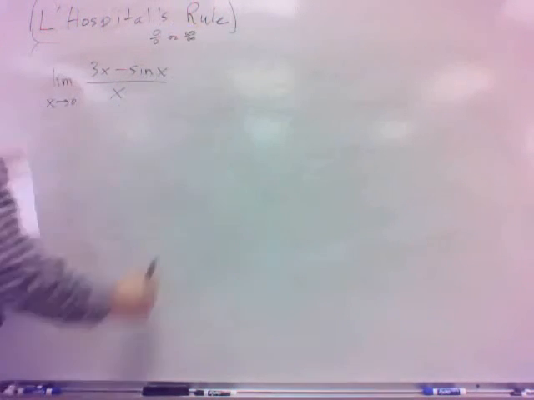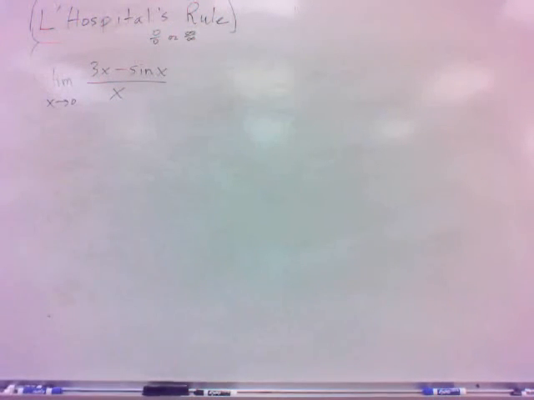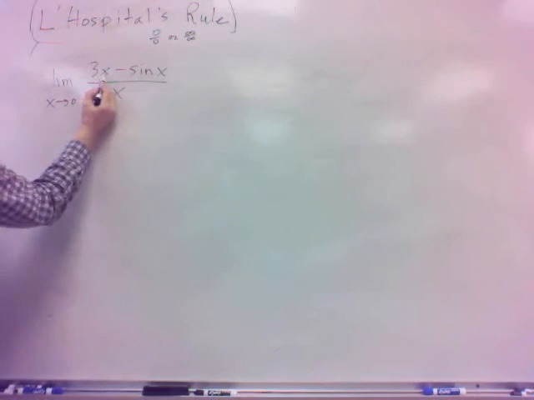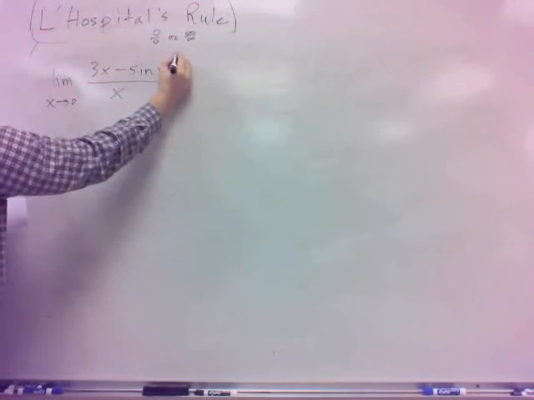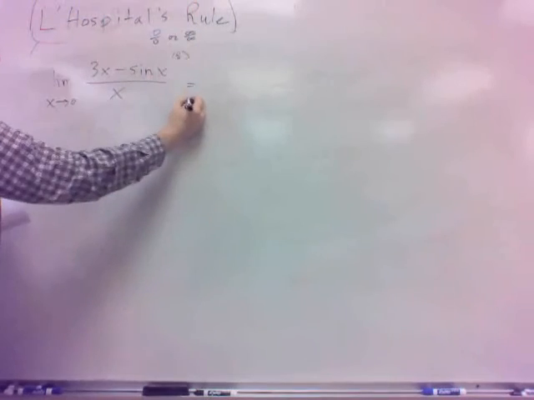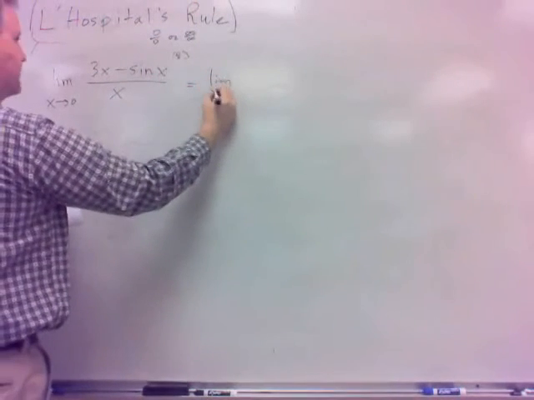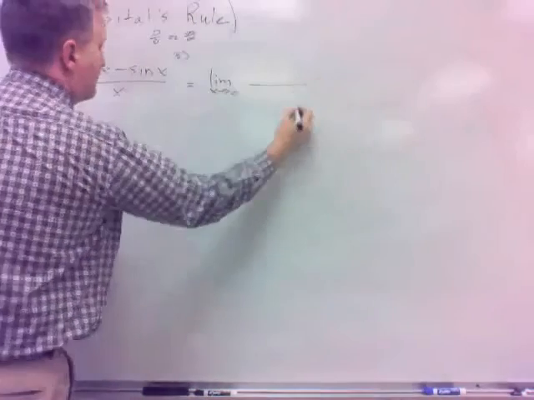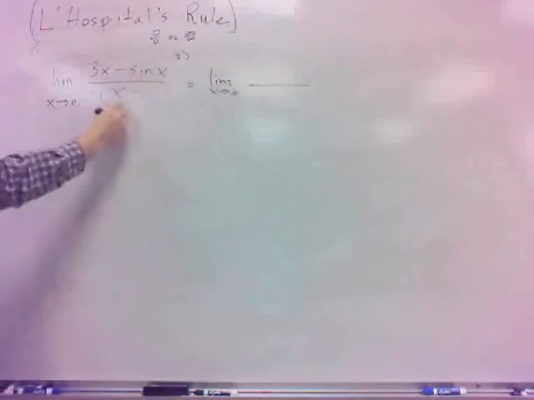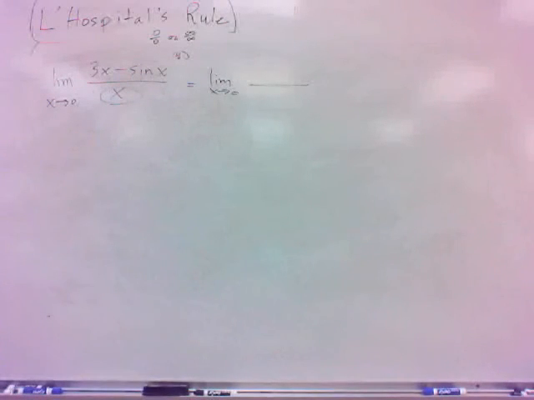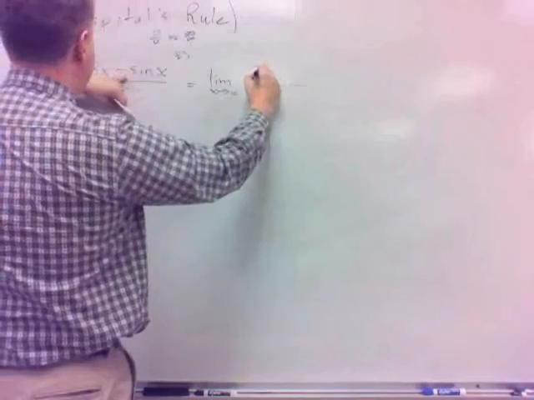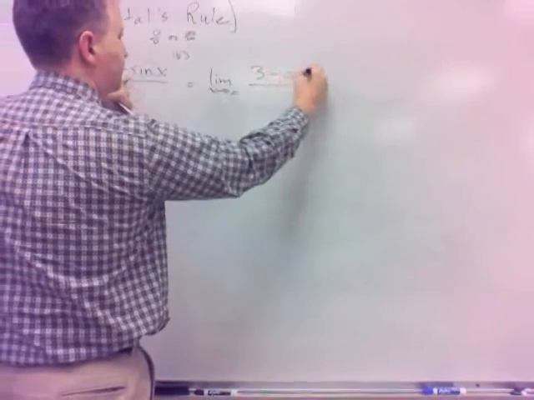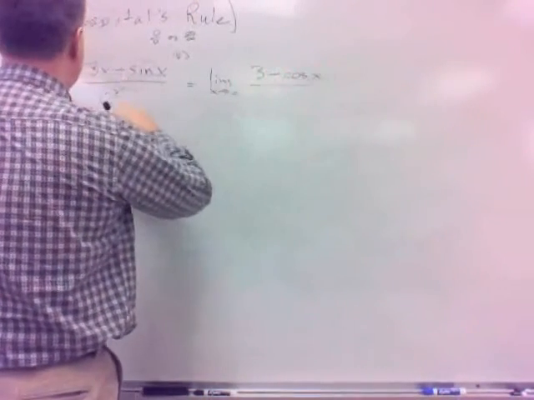What do I have here? Well, if x goes to 0, that's 0, 0, 0. So it's 0 over 0, isn't it? So by L'Hopital, I can say this is the limit as x approaches 0. I do the derivative of the top, derivative of the bottom. So the derivative of the top would be 3 minus cosine x over 1.